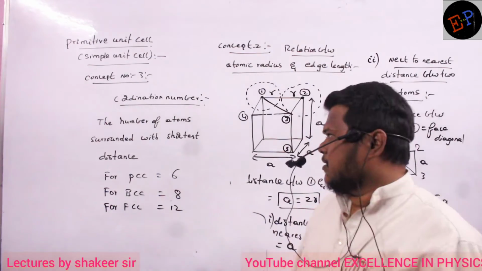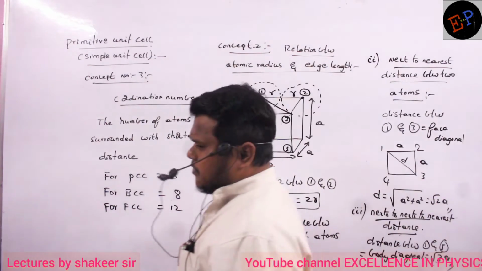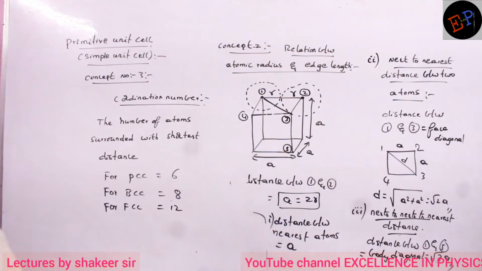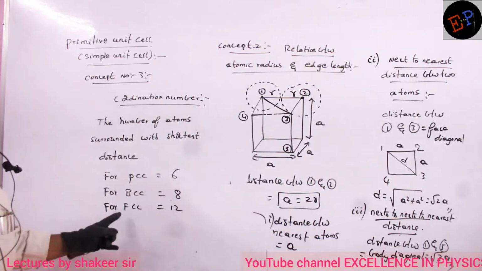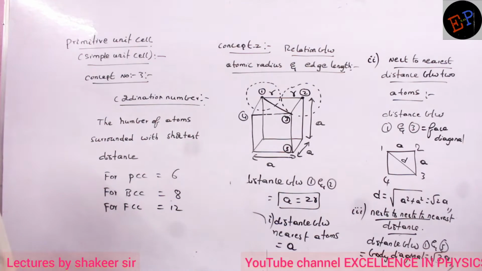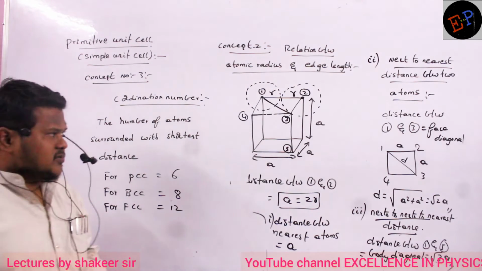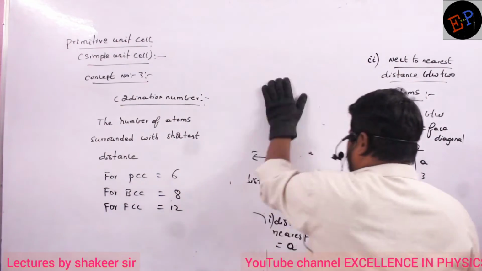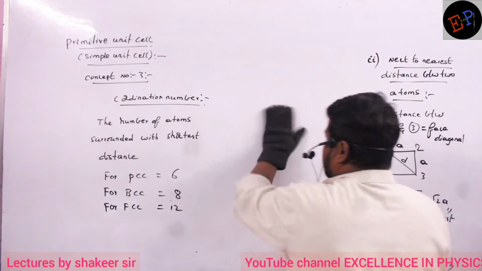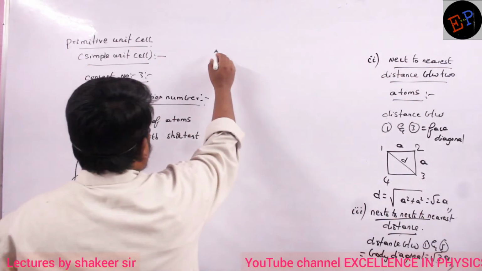Are you able to understand? So therefore, coordination number for a primitive unit cell is 6. For BCC, body centered cubic cell is 8. And for a face centered cubic cell, it is 12. Understood now? These values you should learn by heart. Okay. Next concept, fourth one. Fourth concept is packing fraction.